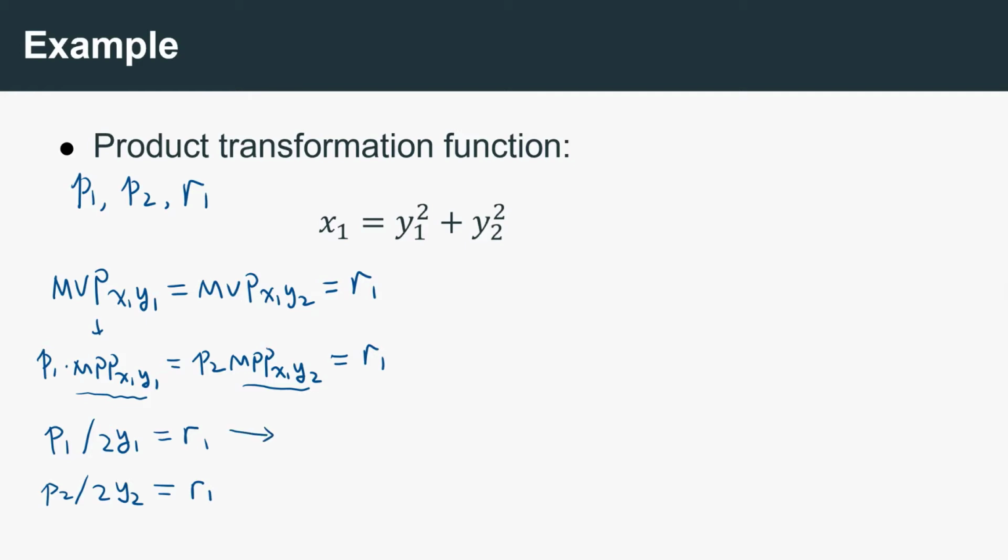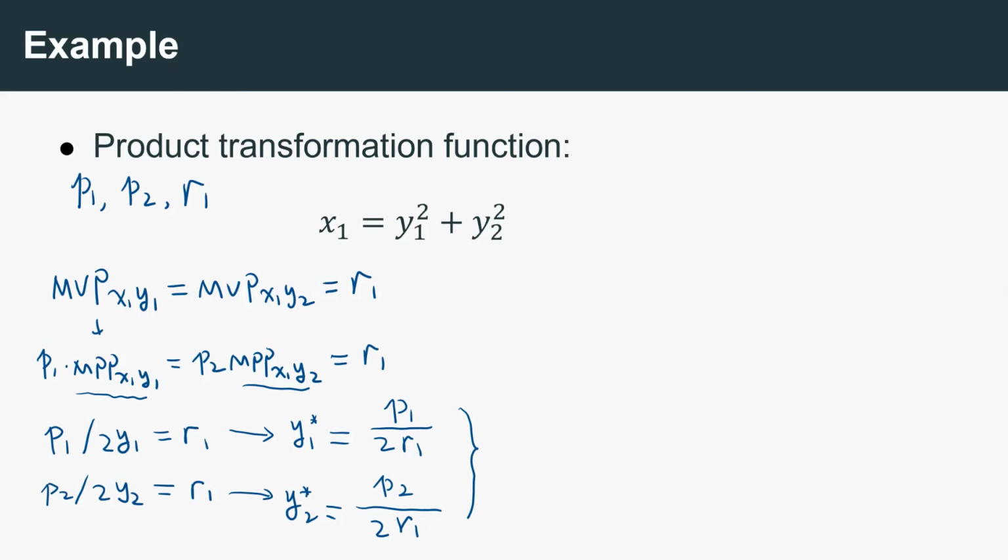So here you can derive that Y1 is equal to P1 over 2R1. And from the other condition, you get Y2 is equal to P2 over 2R1. Those two are the output levels that will lead to profit maximization.